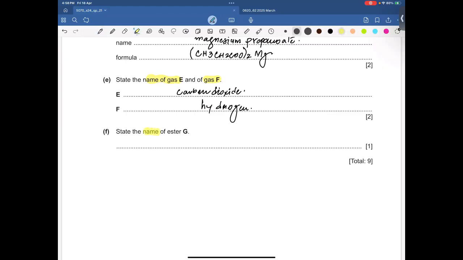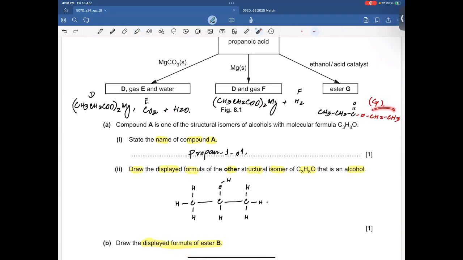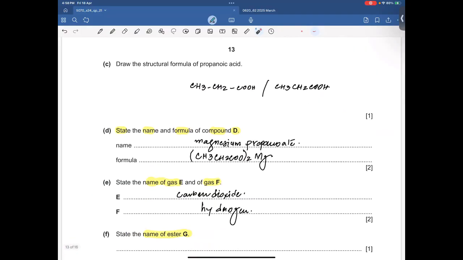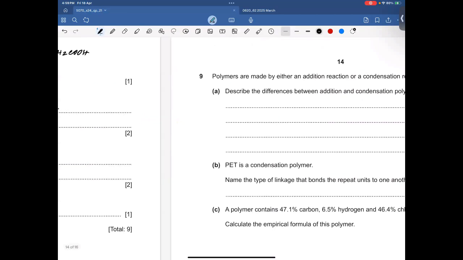Name of ester G. नाम देने के लिए पहले अल्कोहल का पार्ट which is ethyl, फिर एसिड का पार्ट which is propanoate. So it's basically ethyl propanoate. Okay, let's move on to the next question.